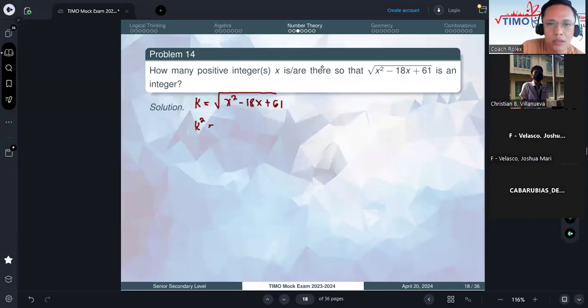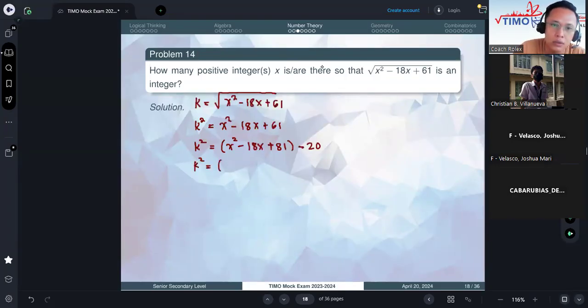So k squared is equal to x squared minus 18x plus 61. Now, take note that we can complete the square: plus 81, so minus 20. So k squared is equal to (x minus 9) squared minus 20.